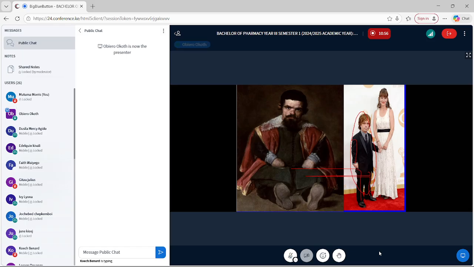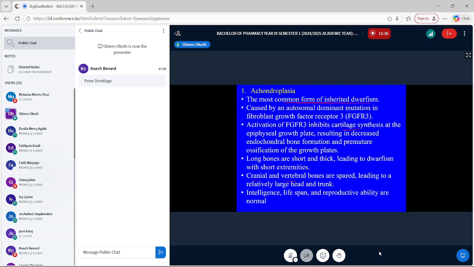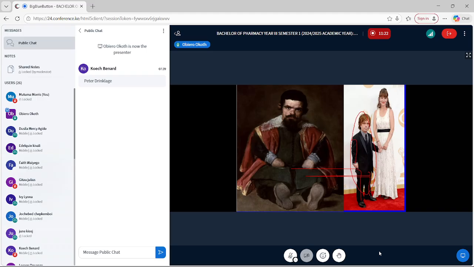Koech knows him. Yes, normal intelligence, this is a very famous actor. Normal intelligence, normal lifespan, normal reproductive ability. Only that the appendicular skeleton is shorter because of the defective cartilage model of making bone. That is achondroplasia.